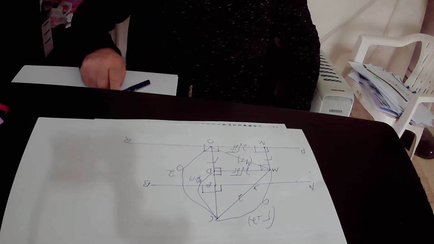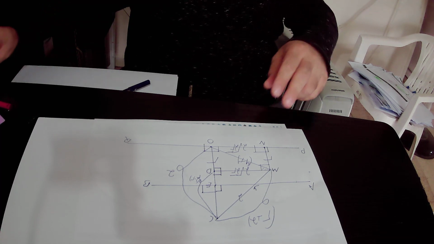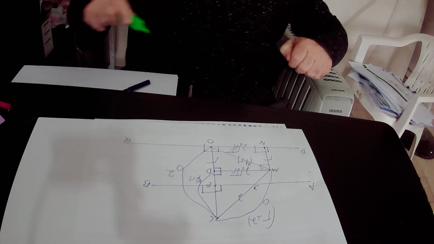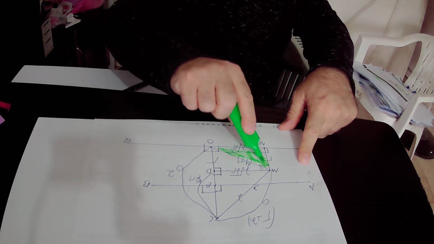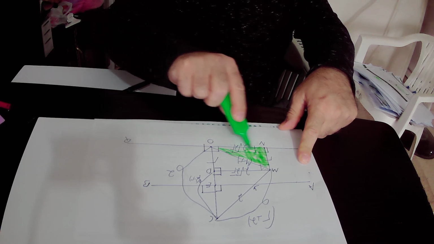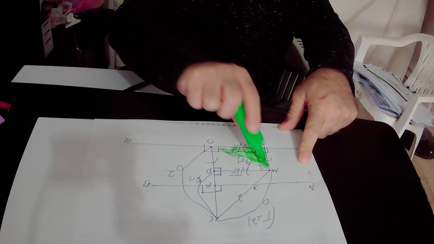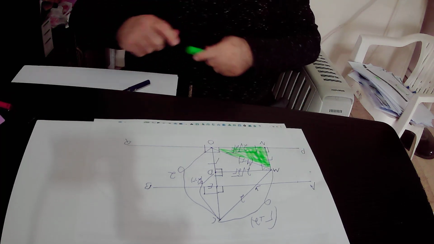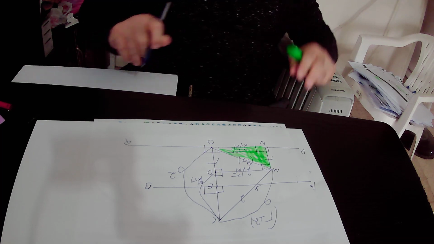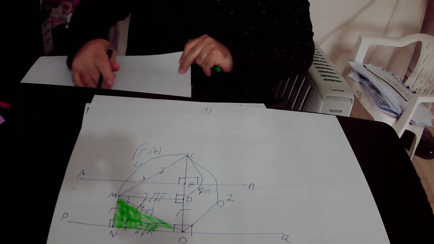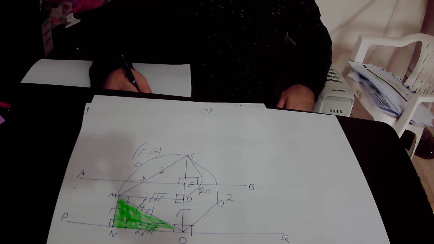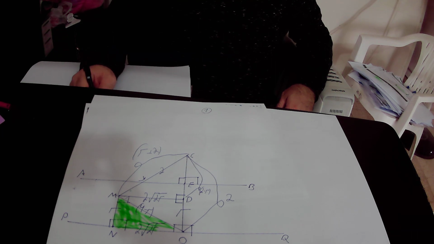Okay? Then we will focus on the right green triangle, triangle MNO. According to the Pythagoras theorem, the square of the hypotenuse equals the sum of the squares of the perpendiculars.